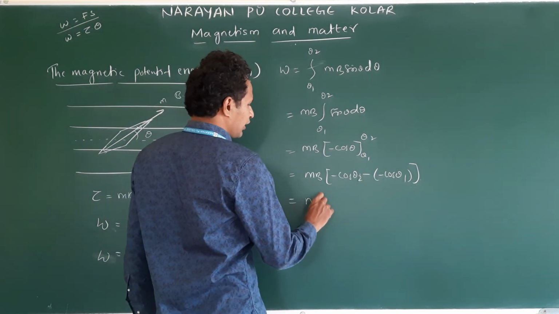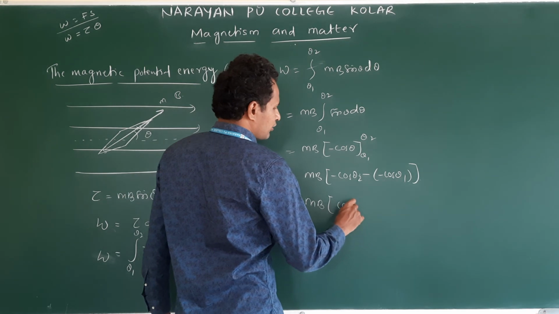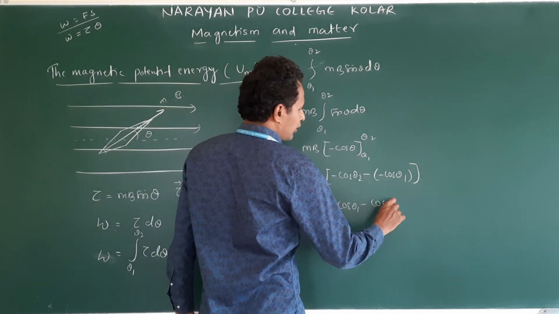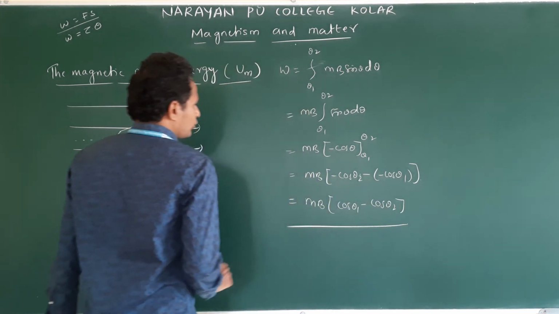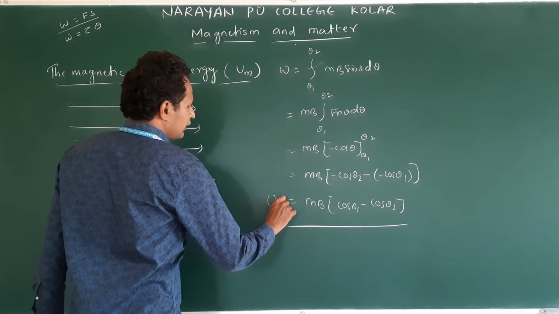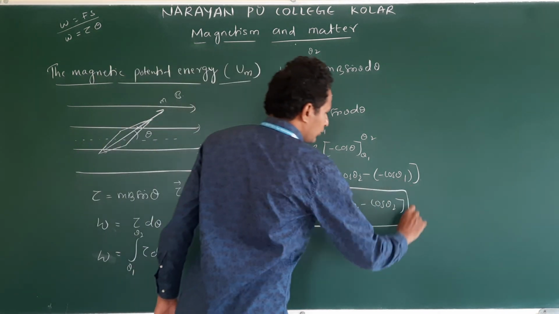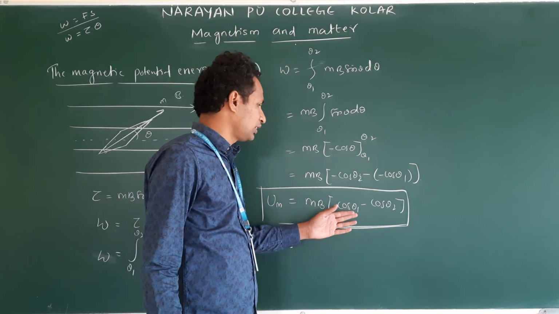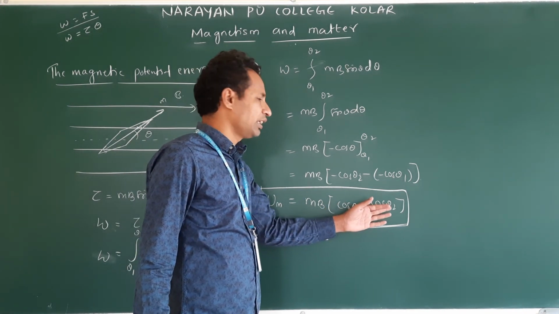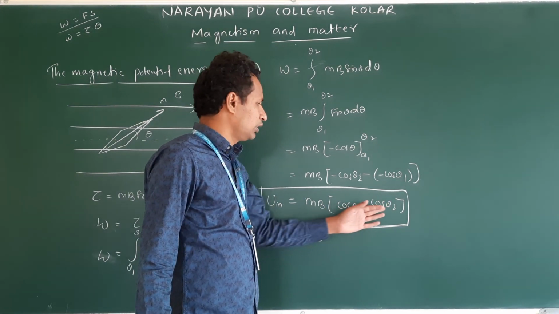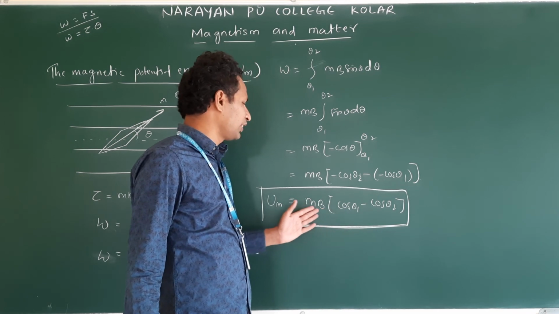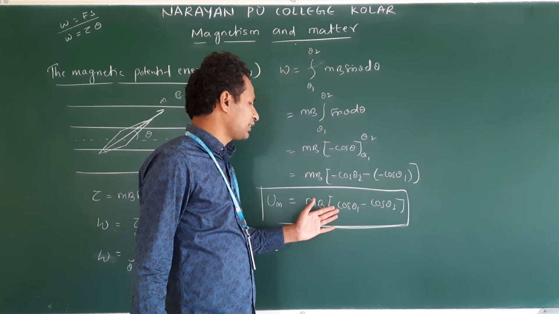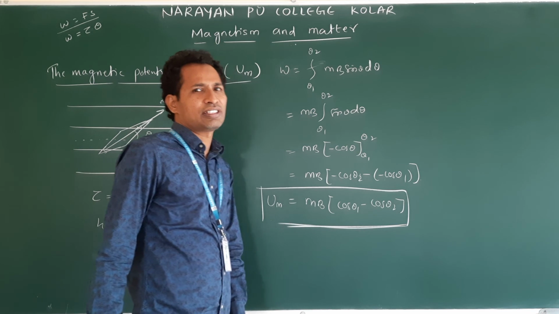Then we will write mB (cos theta 1 minus cos theta 2). So this is stored in the form of energy, that's why U. If it is rotated from theta 1 to theta 2, then the work done we can write as mB (cos theta 1 minus cos theta 2).